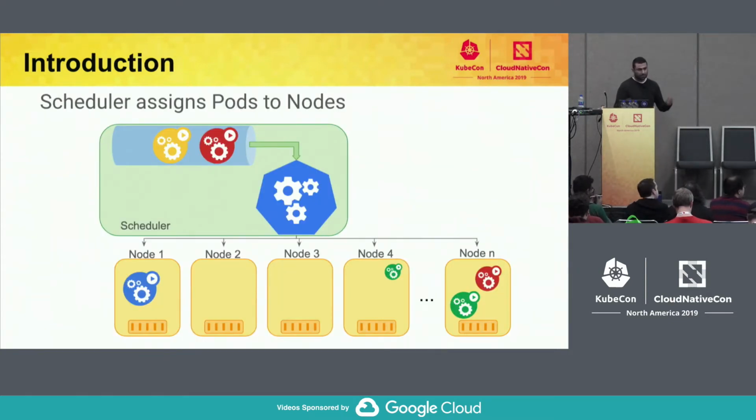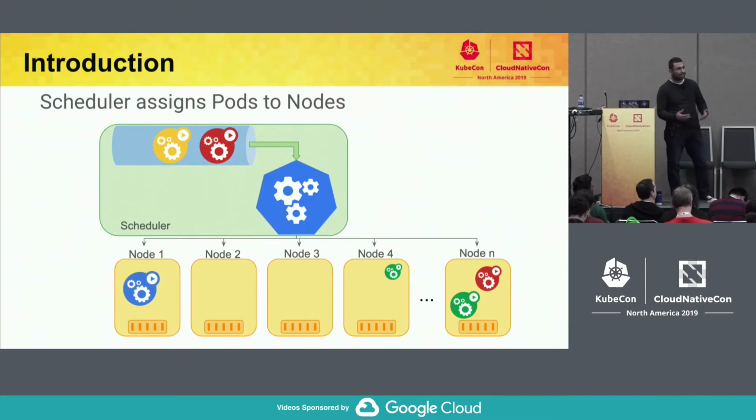So what is the scheduler? Like everything else in Kubernetes, it's just another controller. This controller usually runs on the master. It watches for pods and nodes that are created on etcd, and what it does is basically assign pods to nodes. It has nothing to do with the pod lifecycle at all.